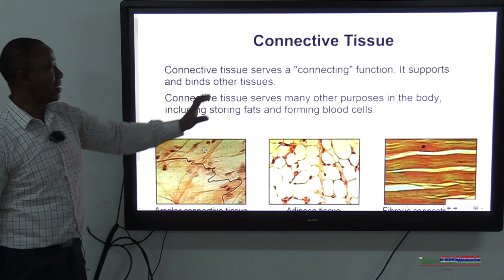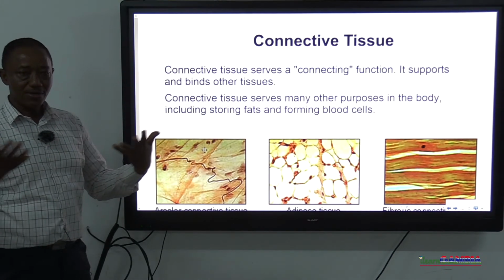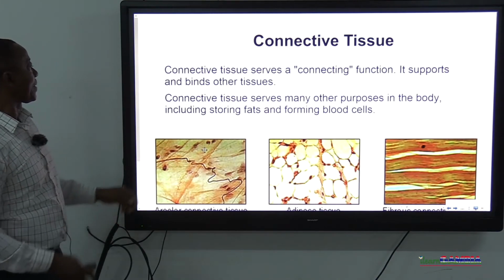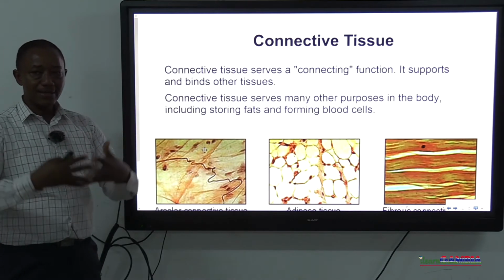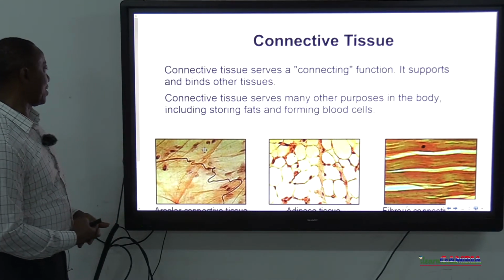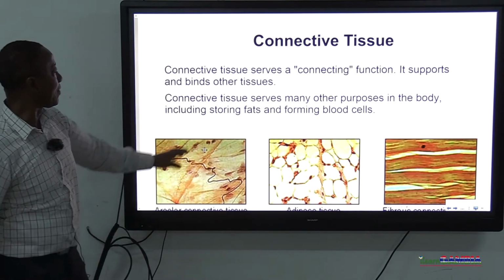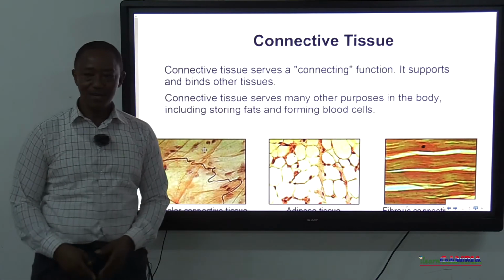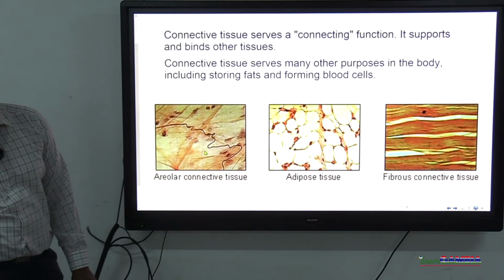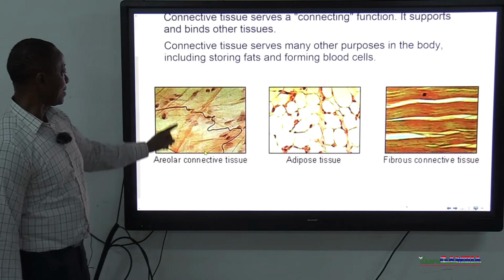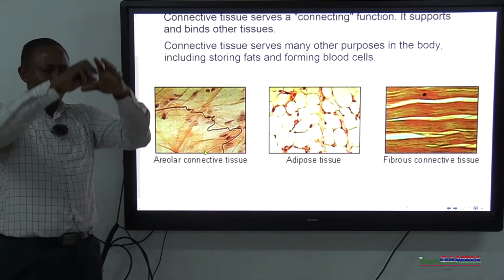Connective tissue serves, as the name says, as connection. They connect other cells or other tissues of the body. So they support and bind, they connect and keep the body tissues together. They may serve some other purposes in the body, including storing fats and forming blood cells. So you have different examples here.